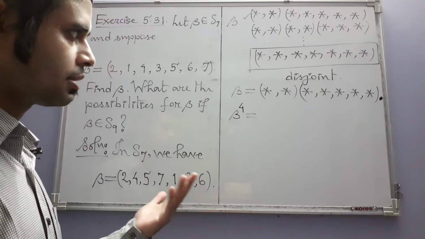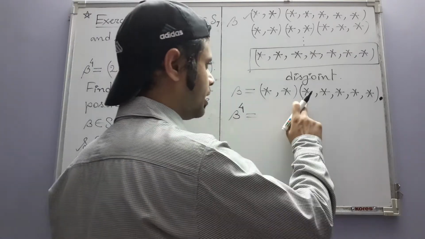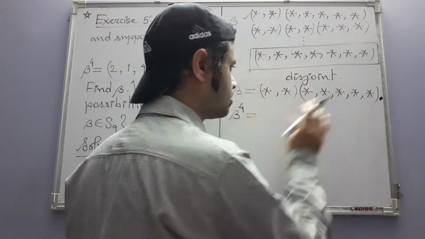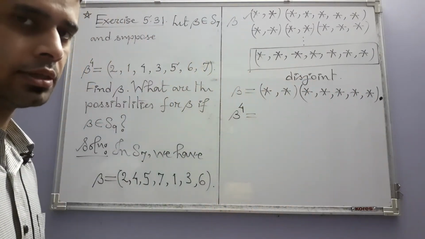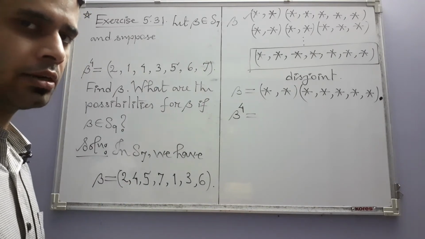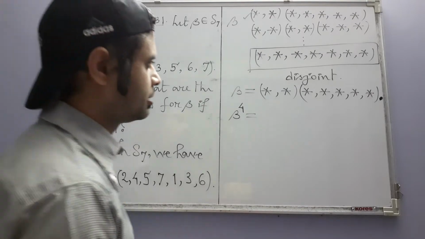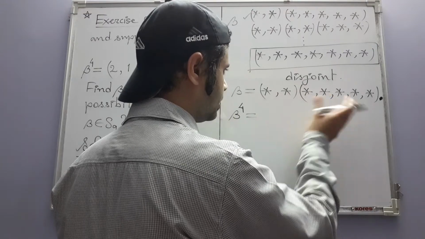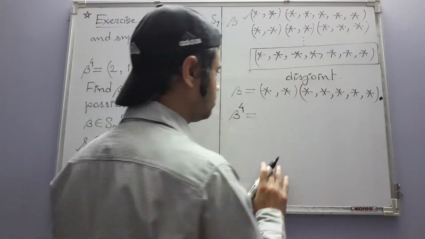Disjointness allows us to also write the same thing as this 5 cycle times this 2 cycle. The order does not matter. If the cycles are not disjoint, then of course the order will most likely in all the cases matter. But because of disjointness, you can in fact change the order at your will.